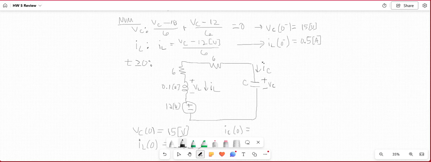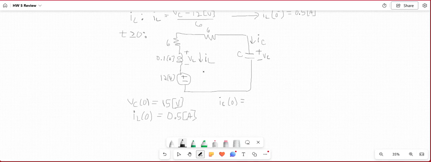Okay, so IC of 0. IL is going in the opposite direction of IC, right? Because the current is still for IL at this time, they're going opposite directions. So IC of 0 is negative 0.5 amps.